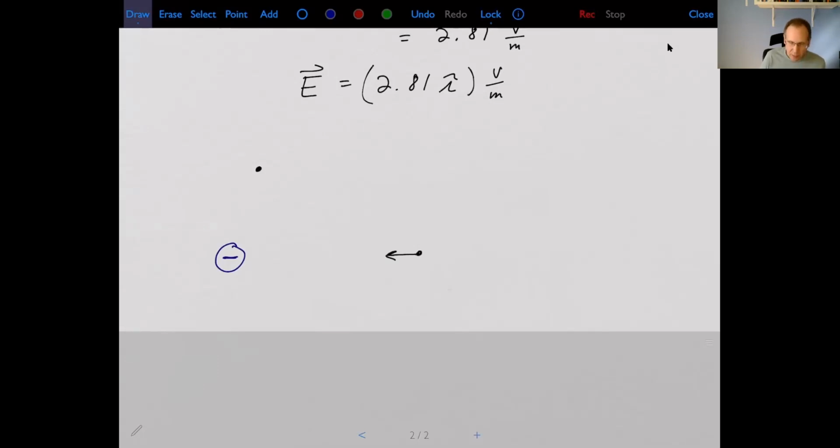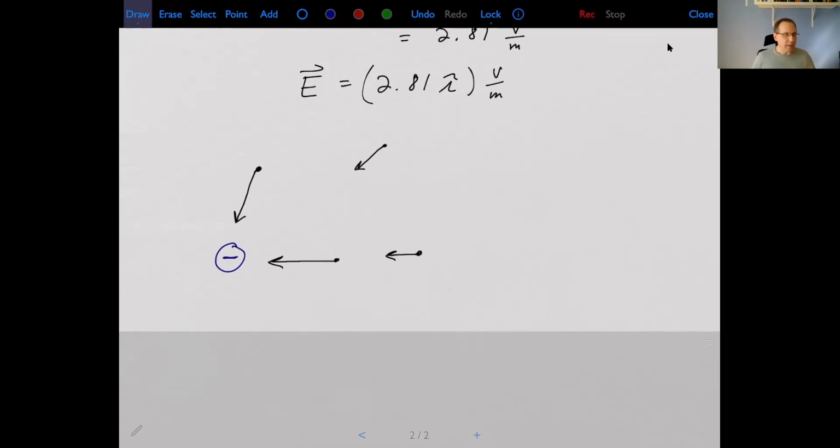It'll be radially inward. In this case, I'm closer here, so it'll be a larger magnitude, something like this. So it's going to be radially inward towards that negative charge. But the magnitude is exactly the same. It's K times absolute value of Q divided by R squared.